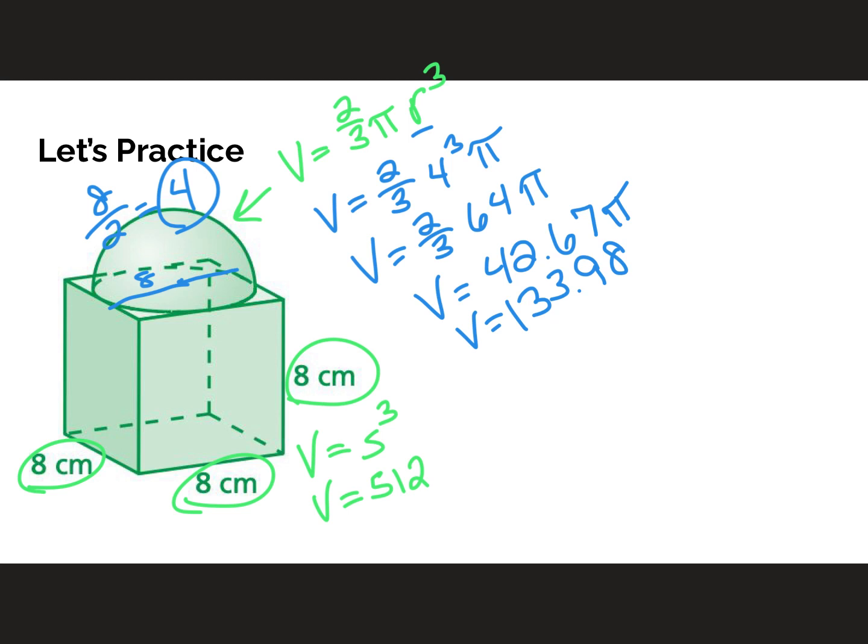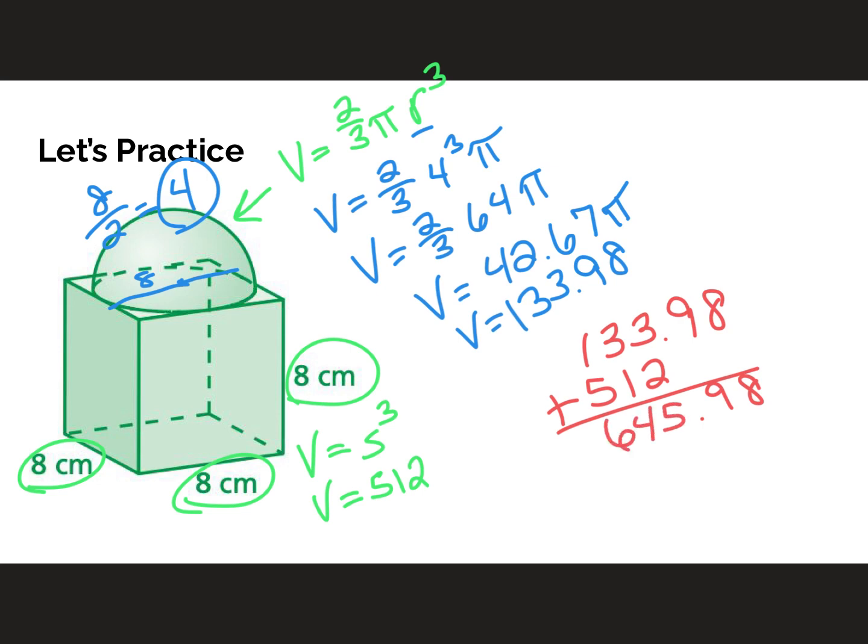So now again, we're just going to add these two. So I've got 133.98 plus 512. We line up our decimals. So the 0.98 comes down, and this is a 5, a 4, and a 6. So that is our volume, and it is in cubic centimeters.